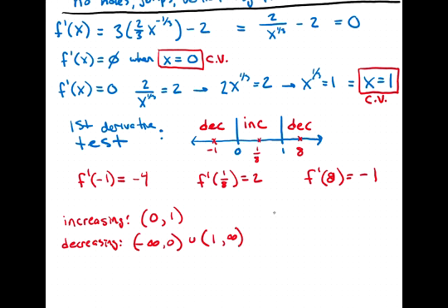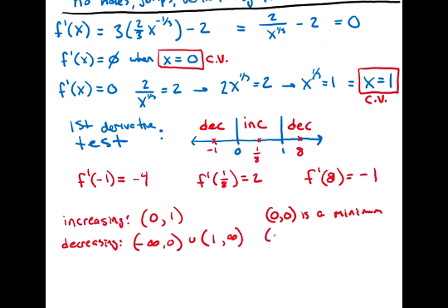And when x is 0, we know that y is also 0, so the point 0, 0 is a minimum, because the function is changing from decreasing to increasing, so down then up, so there's a low point there.